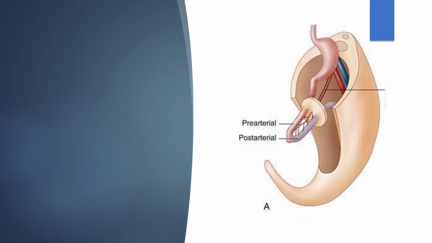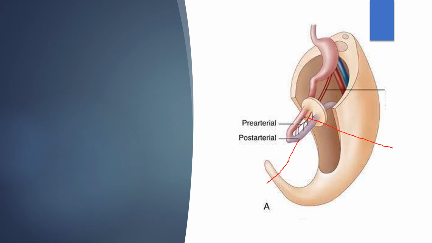So now we can see as the growth of the midgut occurs, this straight tube becomes a U-shaped loop. Like the picture you are seeing, this becomes a U-shaped loop. And here you can see the superior mesenteric artery is the one which acts as an axis during the rotation of the midgut.